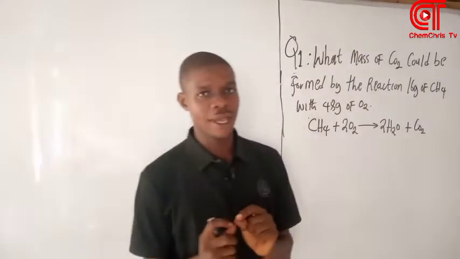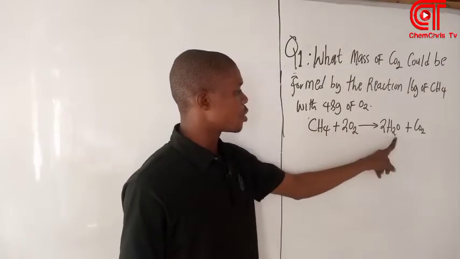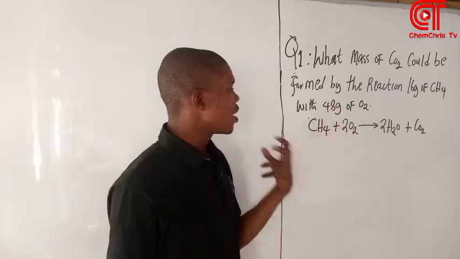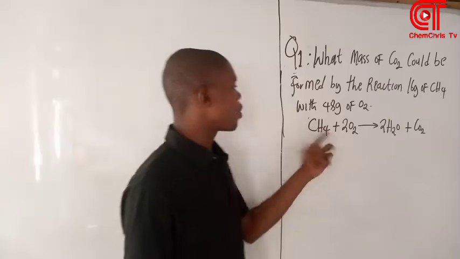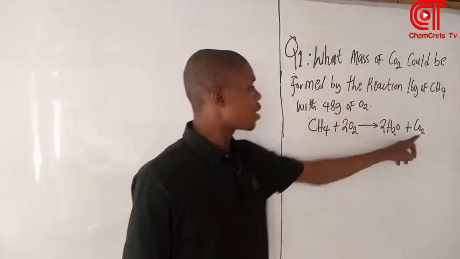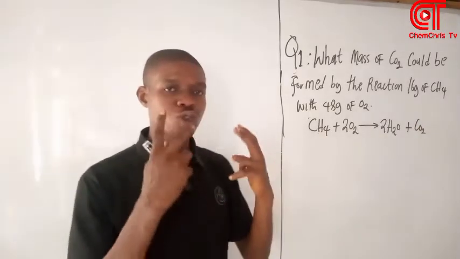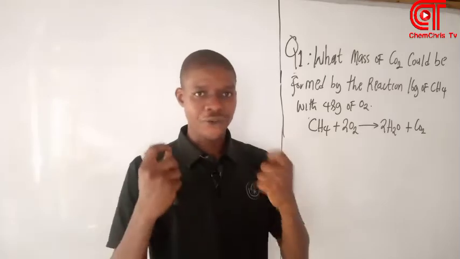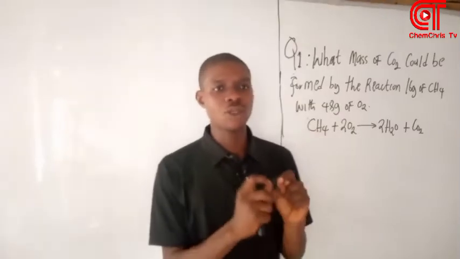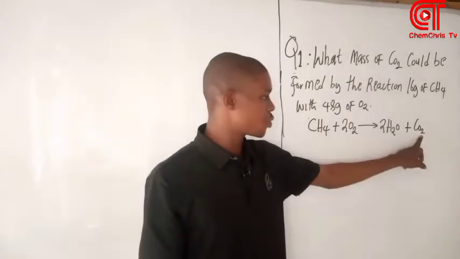When we look at it, CH4 reacts with O2 to produce CO2 and water. They are asking what mass of CO2 will be produced if 16 grams of CH4 react with 48 grams of O2. We are given the masses of the two reactants, so you want to use the mass of both reactants to work out the mass of CO2.